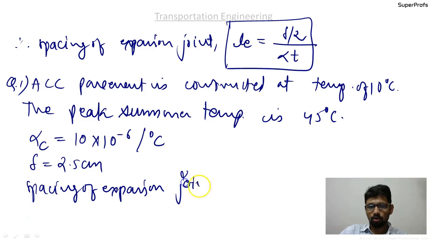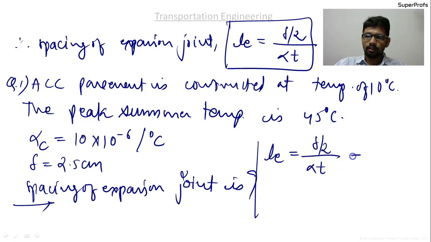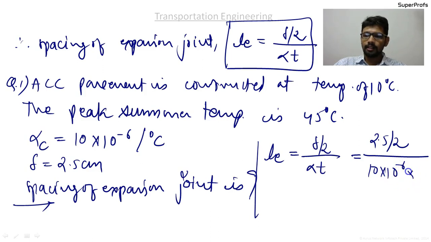It is a very straightforward question guys, and I'll ask you to solve it yourself. So spacing of expansion joint will be given by L suffix E equal to delta by 2 alpha T, equal to 2.5 by 2, in centimeters. Alpha value is 10 into 10 to the power minus 6, and T is 45 minus 10, that is 35 degrees Celsius.